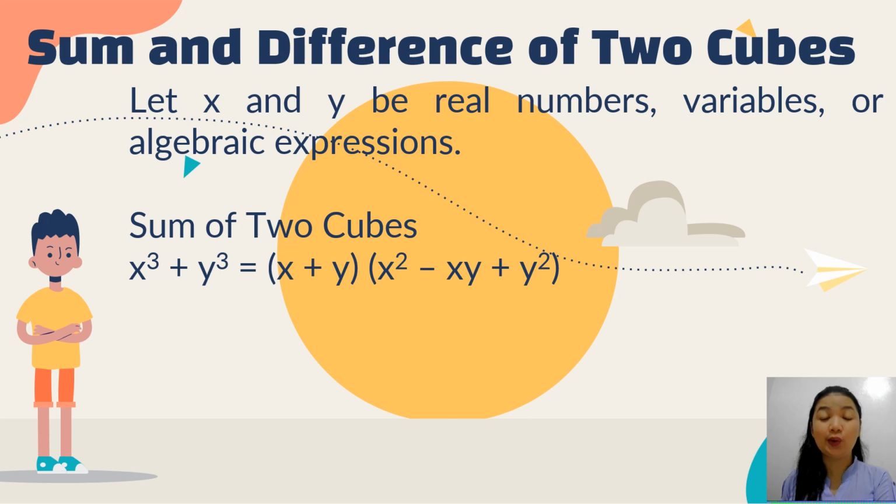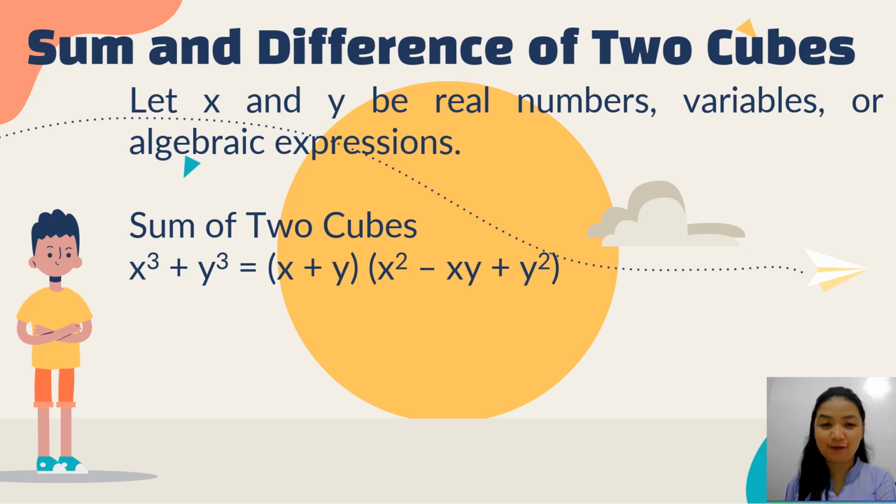So the factors are the quantity x plus y, which is actually the cube root of the first term plus the cube root of the last term, times the trinomial, and then the trinomial is composed of the square of the first term minus, the sign change, the product of the first and the last term. Then lastly, we have the square of the last term.